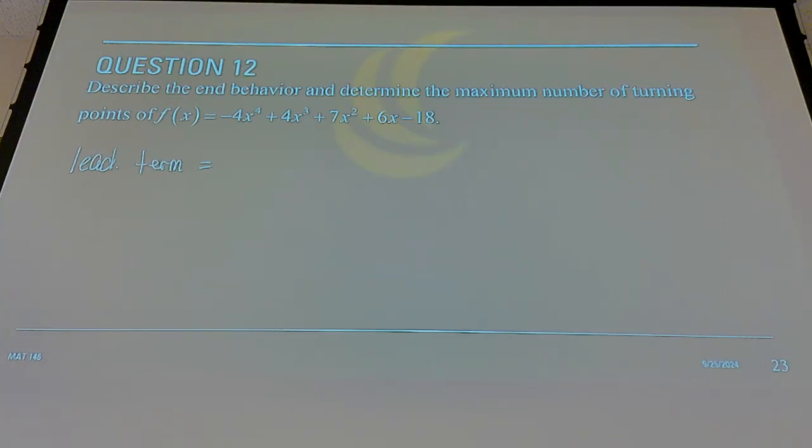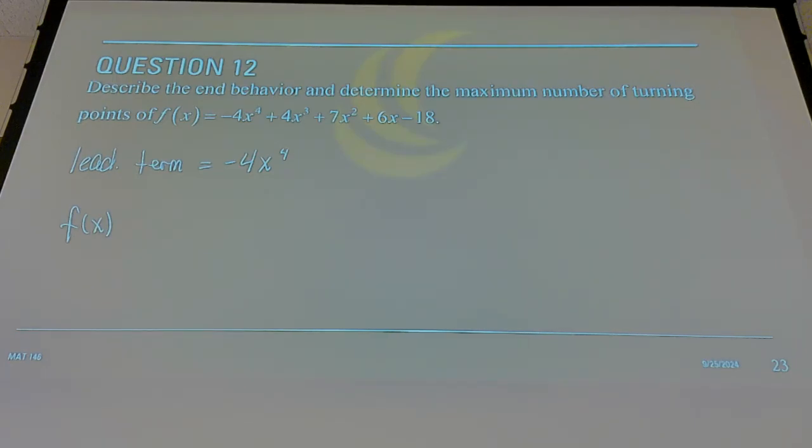Negative over x. What's your coefficient? Negative. Is that positive or negative? What's your power? Well, power has to be positive. Even. It's even. So you have a negative coefficient, even power. What does your function do on the left?